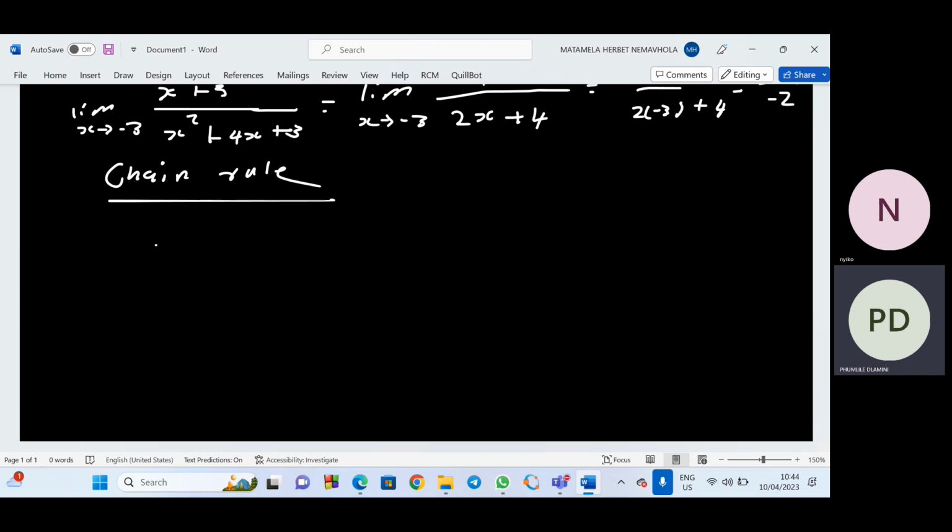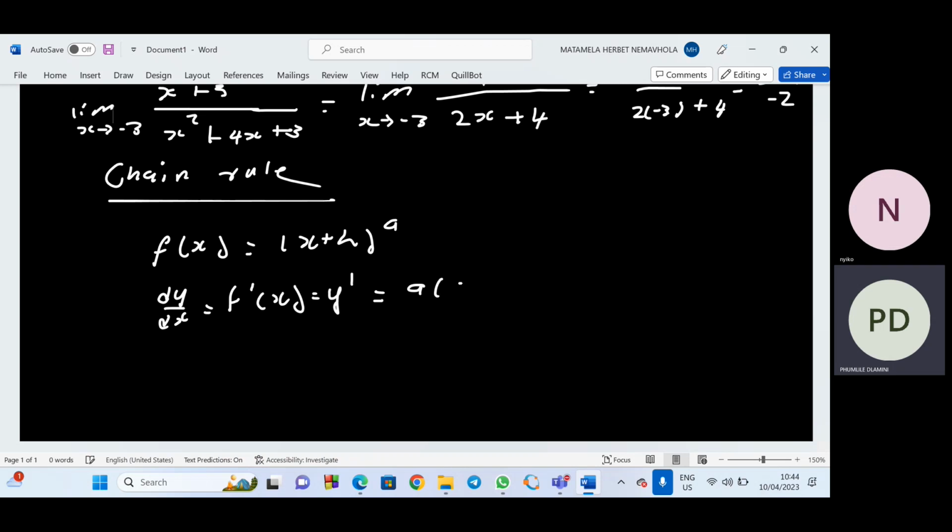The chain rule states that if you have a function f of x, and in this function you have (x plus h) to the power a, then when we find f prime of x, which is dy over dx, and still the same as y prime, we take this a down and write (x plus h) to the power a minus 1.